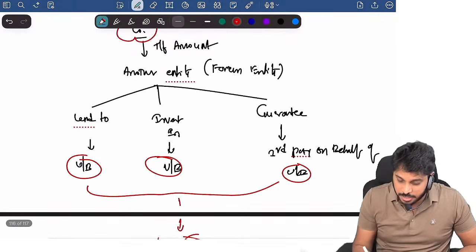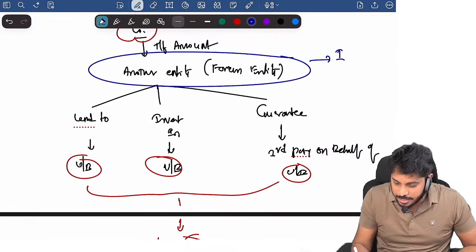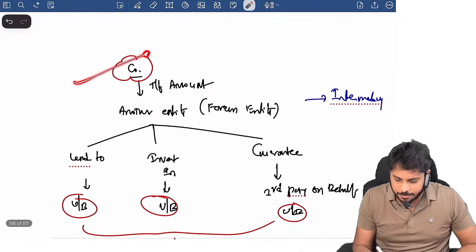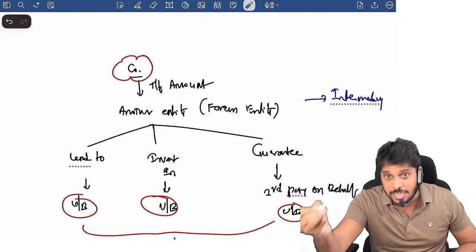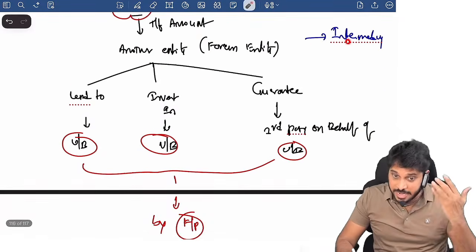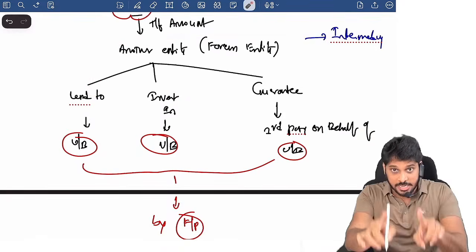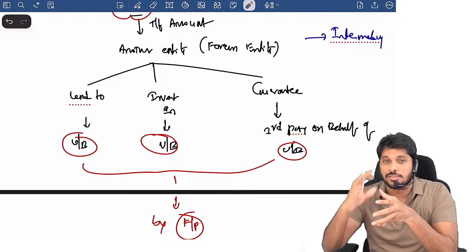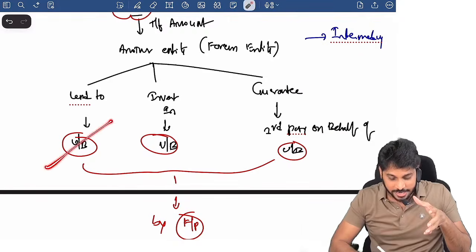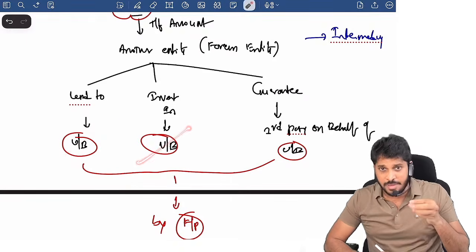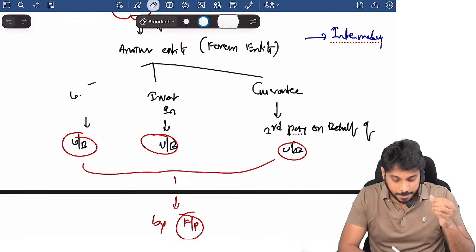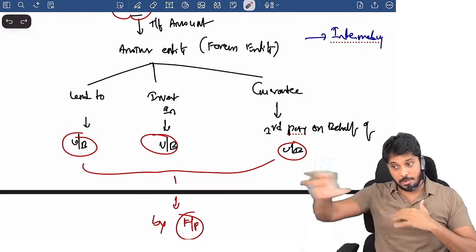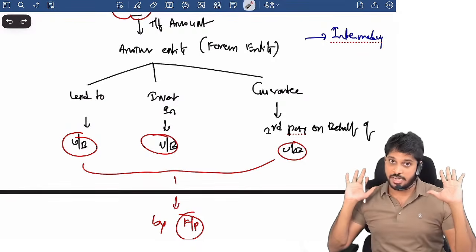We call this mediator the intermediary. Our company transferred funds to the intermediary, and the intermediary has to transfer these funds to the ultimate beneficiary, either as a loan, or as an investment, or so that our beneficiary gets some benefit at the end of the day.